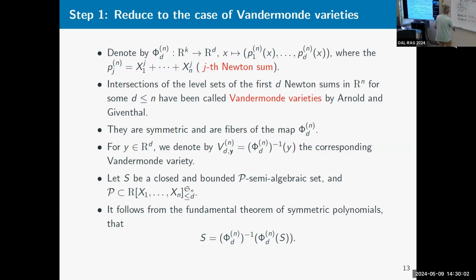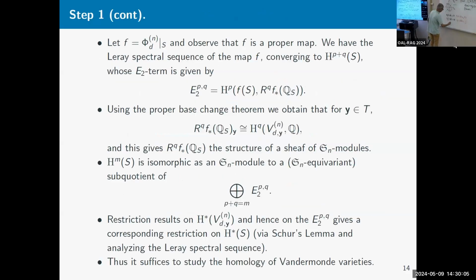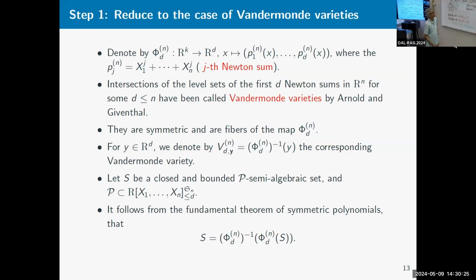But there's one which you can always fix to be where x1 is less than or equal to x2. This is a Weyl chamber. So you take the level sets of the first few Newton power sum polynomials, intersect them with the Weyl chamber, and what you get is a semi-algebraic set that is called a van der Monde variety by Arnold and Givental.